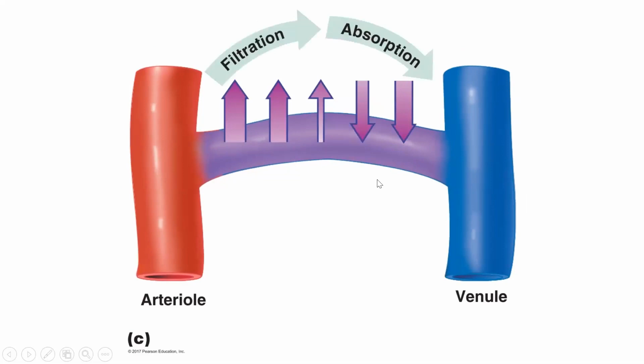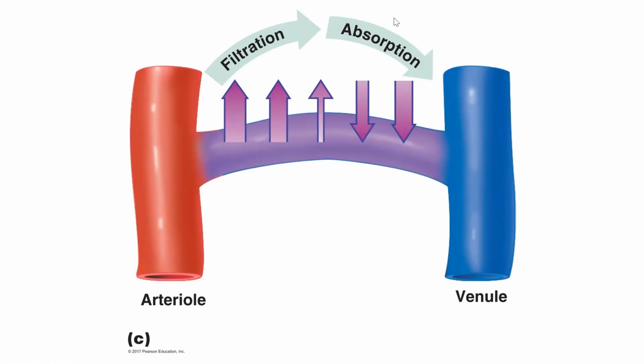Now, what we end up seeing and what this schematic shows is that we've got filtration happening on the arterial end of our capillary bed. And then toward the venular, venous end, we've got absorption happening. And so when I say filtration versus absorption, we're talking about the net movement on either end here.